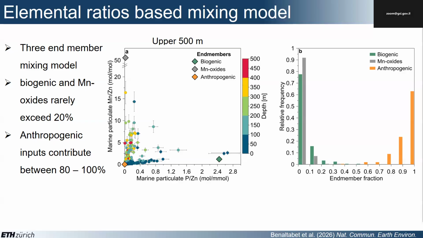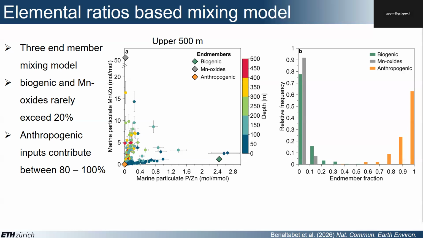So the output of this model is presented in this histogram. This histogram shows us the fraction of each end member in relative frequency. And what's most striking here is that the biogenic and manganese oxides end members rarely exceed 20%, so the contribution rarely exceeds 20%, while the anthropogenic end member contribution is somewhere between 80 and 100%.